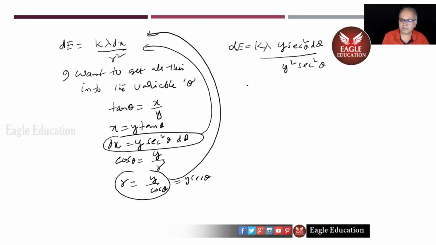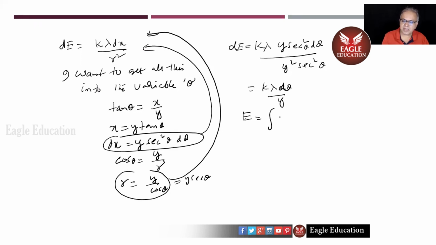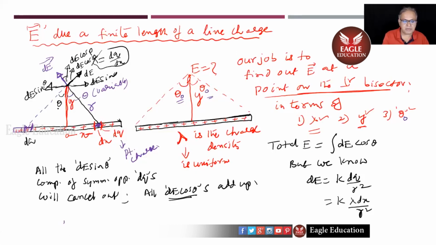So what do I get now? K lambda by y, secant square cancels, d theta. But our E was integral dE cos theta. So this is integral K lambda by y cos theta d theta from minus theta naught to plus theta naught. Look at the figure. This theta is a variable.